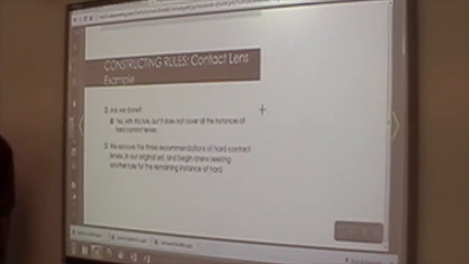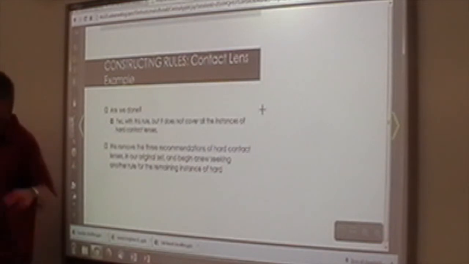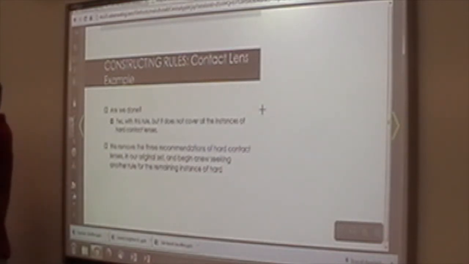We're still not done, because we've only covered the hard contact lens instances. We still have the soft contact lens cases to consider. If we only had hard and soft, you could say we've covered all the hard, so everything else would be soft lenses.